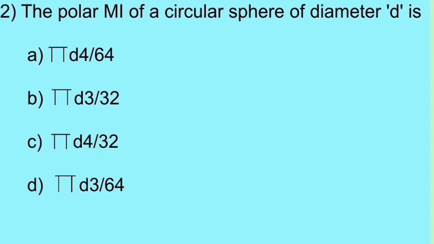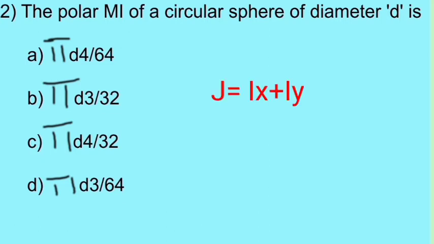How can we find the polar moment of inertia? What is the equation of polar moment of inertia? Polar moment of inertia is the moment of inertia about polar axis. And the equation for polar moment of inertia, J, is equal to Ix plus Iy. That is the moment of inertia about x-axis plus moment of inertia about y-axis.